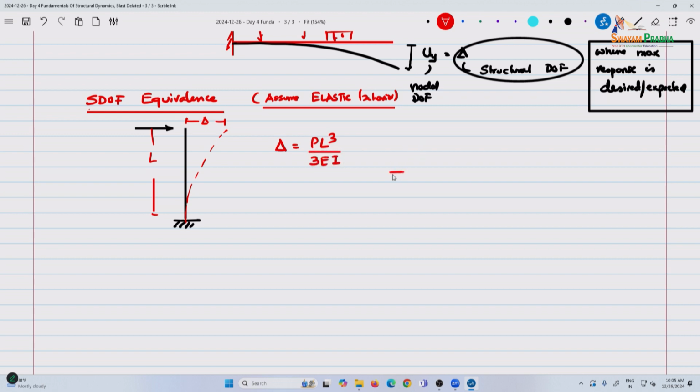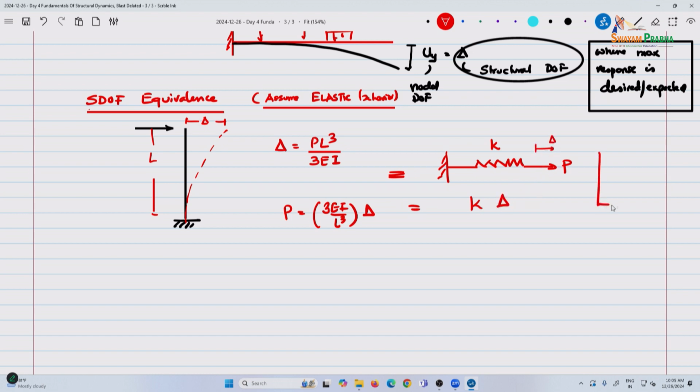If I take this to be an equivalent spring and a load being applied, I haven't come to the mass part, we'll talk about that perhaps tomorrow. Expressing this, P equals 3EI by L cubed times delta, which is K delta.